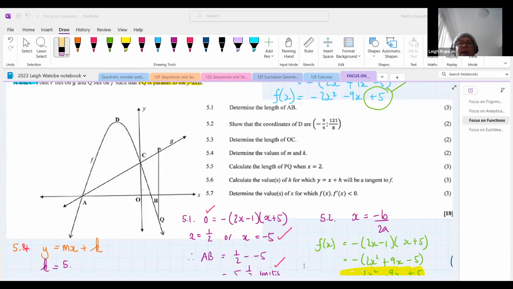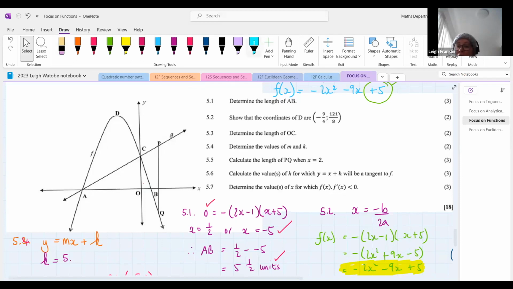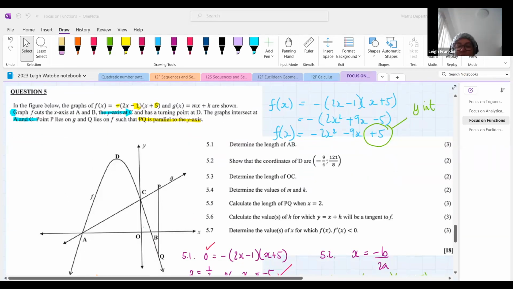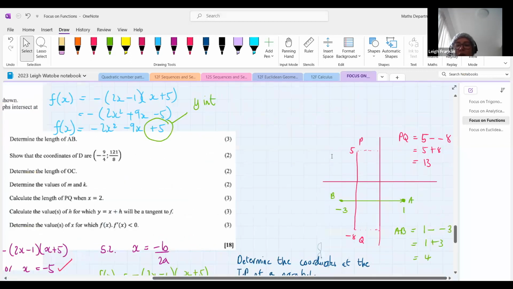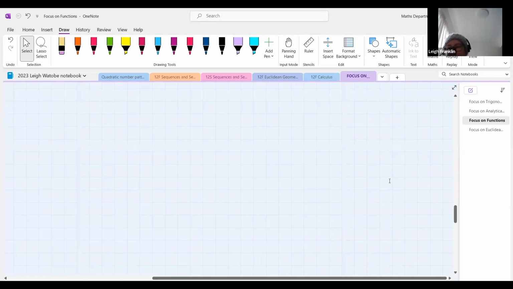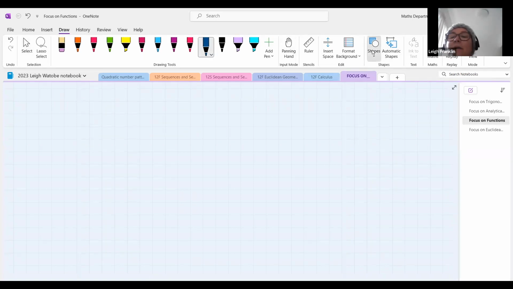So if we just go back and think about our nature of roots, and nature of roots is so important to be able to answer questions like this. Just very briefly, let's draw ourselves another set of axes, okay?